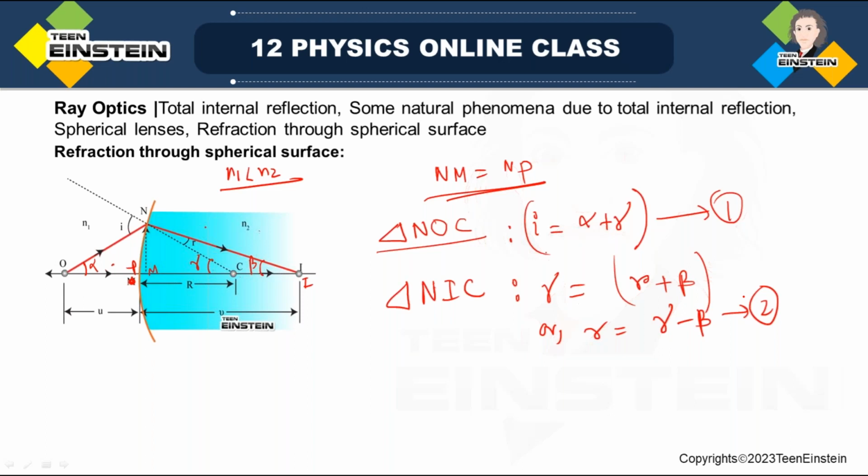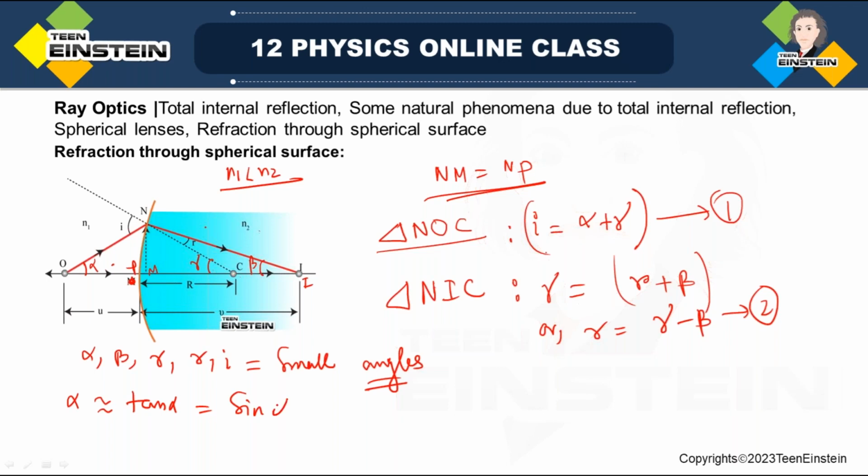Now suppose the rays are paraxial, meaning very near to the principal axis. So all the angles I have taken here are small angles: alpha, beta, gamma, then R and I. If these angles are small, I can write alpha is nearly equal to tan alpha or sin alpha.